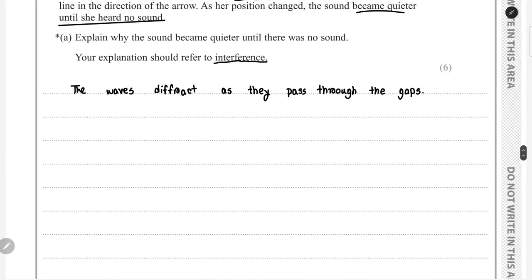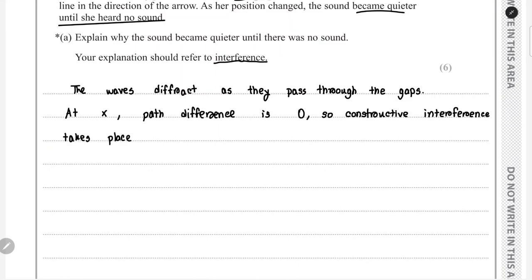So at X, path difference is 0. So constructive interference takes place. And when constructive interference takes place, the amplitude is maximum.